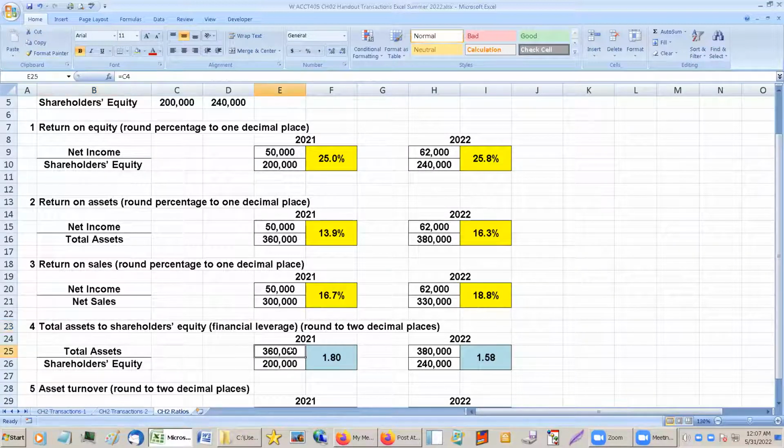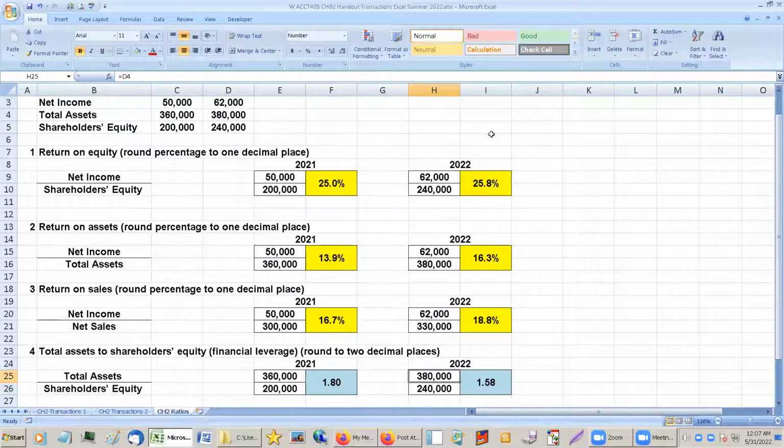It's basically how much of other people's money do you use, and obviously there's a relationship between equity and the assets and how much money you're borrowing, because assets equals liabilities plus equity.